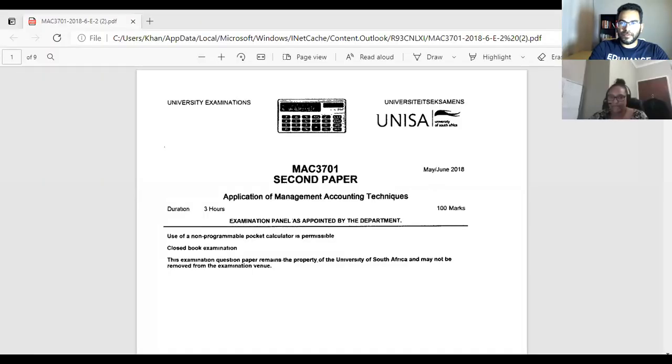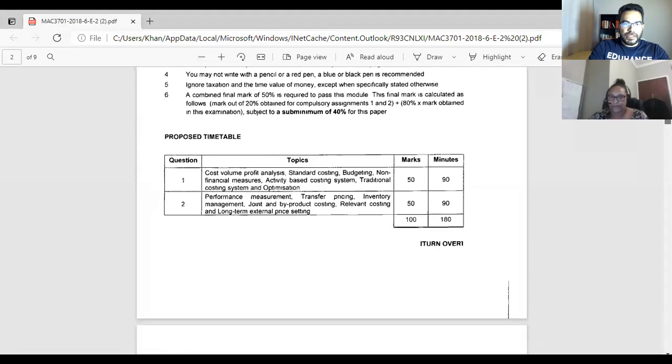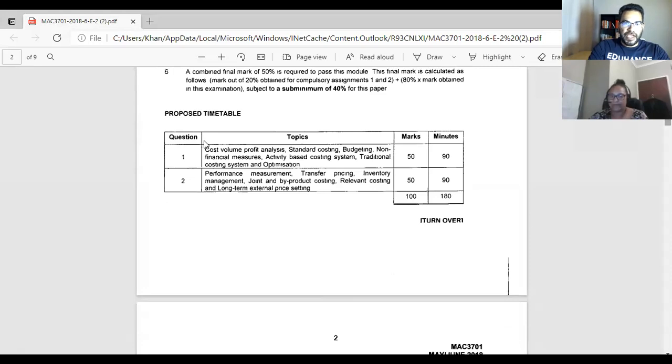Then we'll go through question 1. You will see they have cost volume analysis, standard costing, budgeting, and then activity based costing.